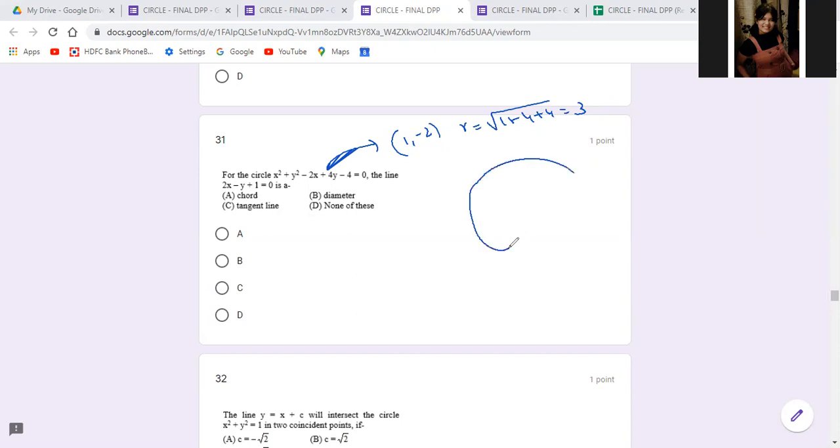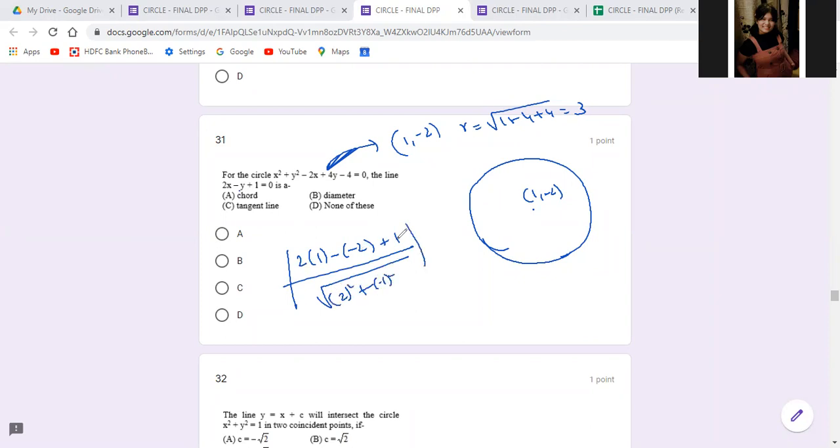Now we have this circle with center 1 comma minus 2. Now find the distance from this line: 2 into 1 minus of minus 2 plus 1 upon root of 2 square plus minus 1 square, which is 5 upon root 5, that is root 5. Now tell me which is bigger, root 5 or 3? 3 is bigger.